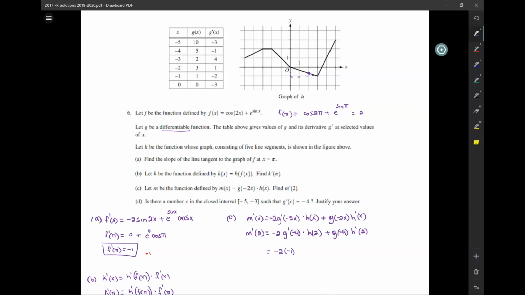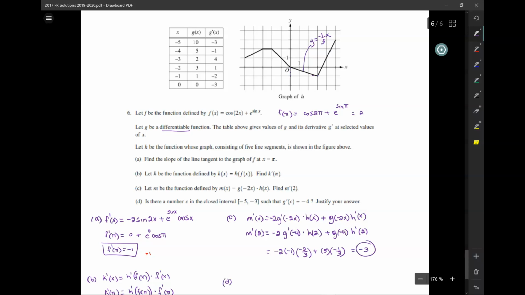They have negative 2/3 in the... Oh, but we can find it, right? We can find it because what's the equation for that part of H of x? It's y equals negative 1 over 3x, right? So it's negative 2 over 3. Right? That's what they want you to do. Plus g of negative 4 is 5 times h prime of 2. What did we say before? Negative 1 over 3. Oh, how fun is that? That's all negative 3. This is just like chapter 3 rehashed.